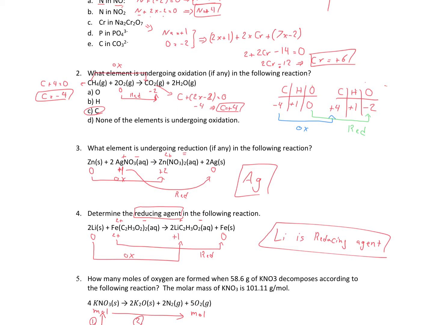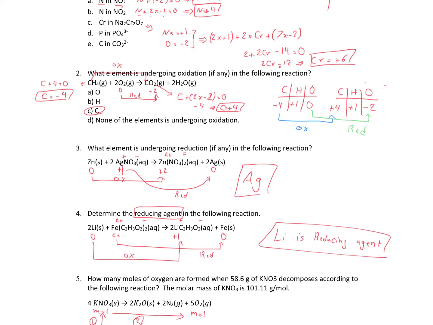I told you this in the lecture slides. You can either use LEO-GER or OIL RIG or whatever works for you. For me, the easier way is that if there is a decrease in the oxidation state, that thing is reduced, and if there is an increase in the oxidation state, that is oxidized.